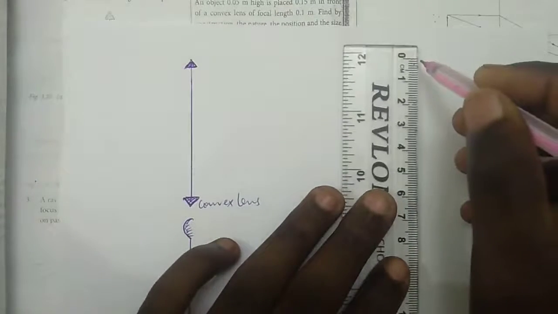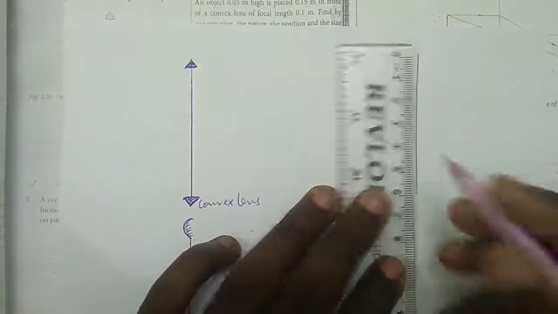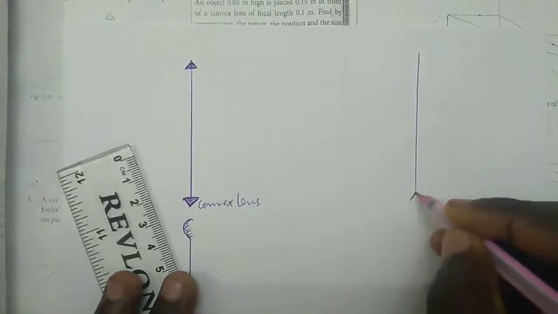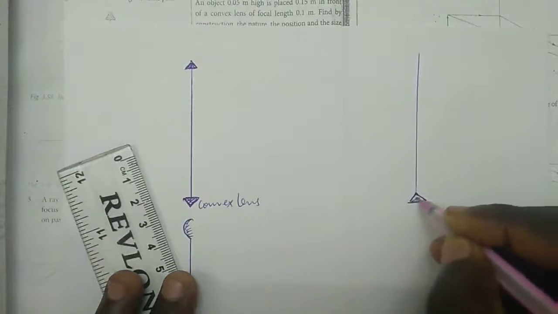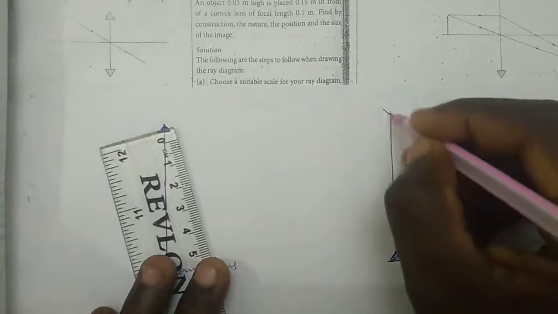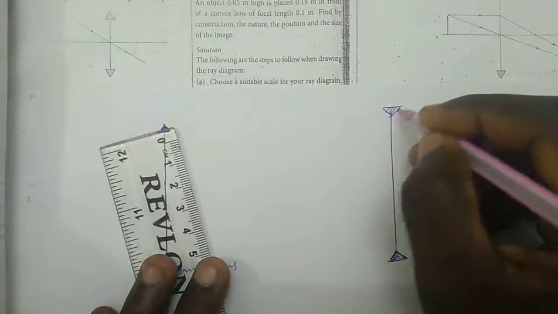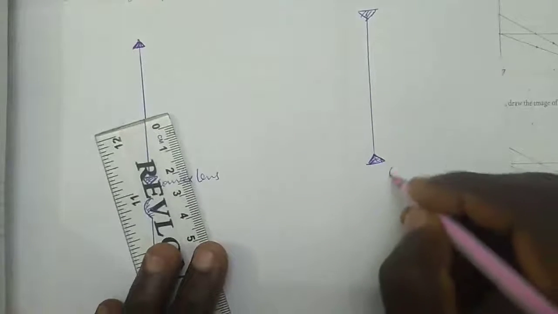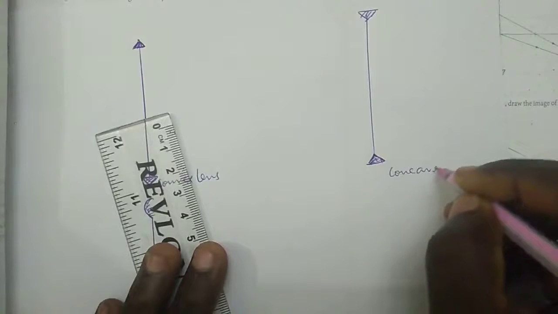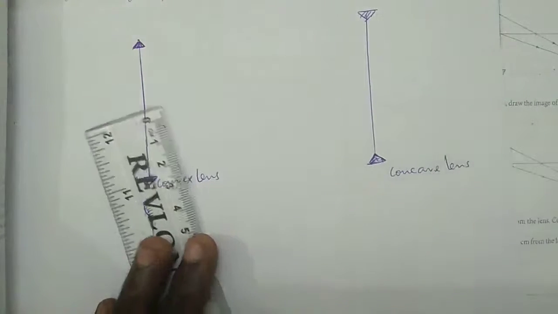On the other side the concave lens inakuwa drawn this way, and then huku chini tunakuwa tuna triangles ambazo zimekaa hivi. This is the concave lens. So this is the diagram representing the concave lens.